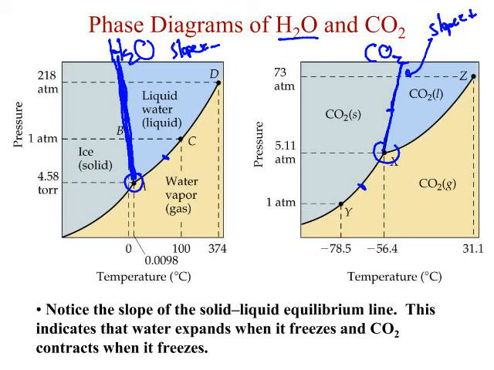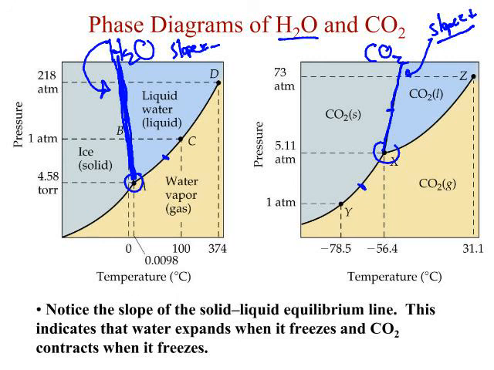That tells us something about the nature of the substance. If the slope is positive, that means the solid phase is more dense than the liquid phase. If you have the backward sloping line you see in water, that tells you the liquid phase is more dense than the solid phase, in other words, that the solid will float on the liquid.